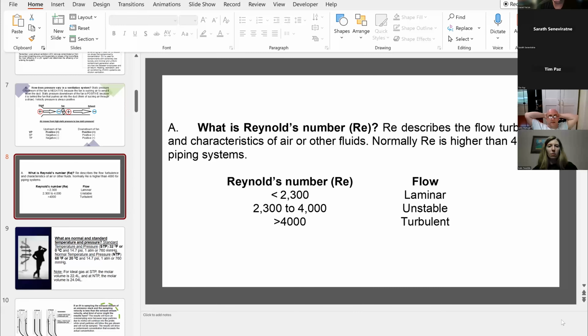Basically, it looks like the flow is frozen. It's still, and I'm sure you've seen a lot of images there. It looks like the flow is frozen, but it's not. Between 2,300 and 4,000, it's unstable, and above 4,000, it's turbulent, and you can see a turbulent flow. And these are some basic concepts before we go and do the math.